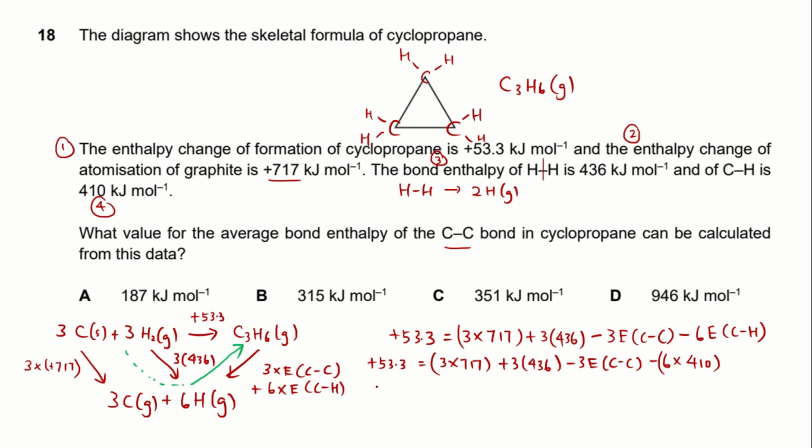Now we'll be able to find the average bond enthalpy of the C-C bond by rearranging this equation.